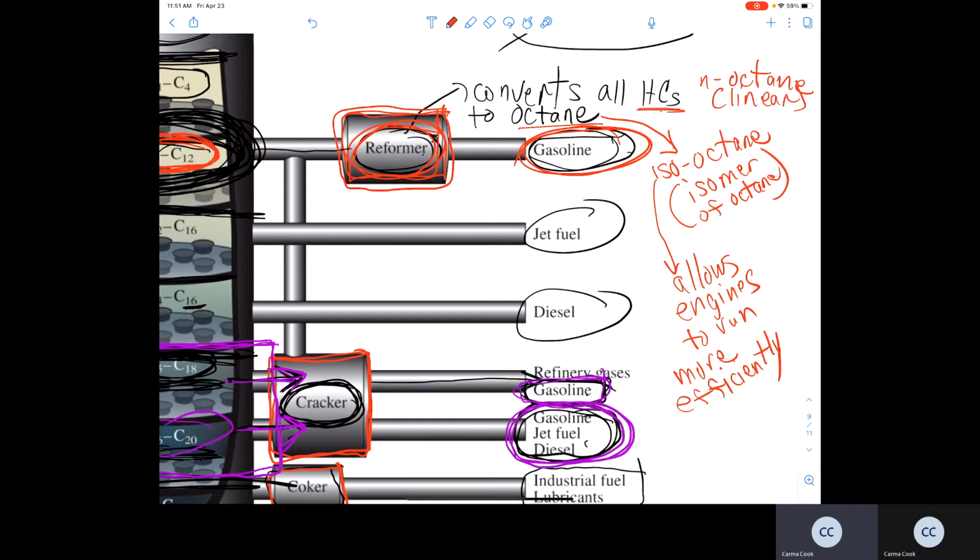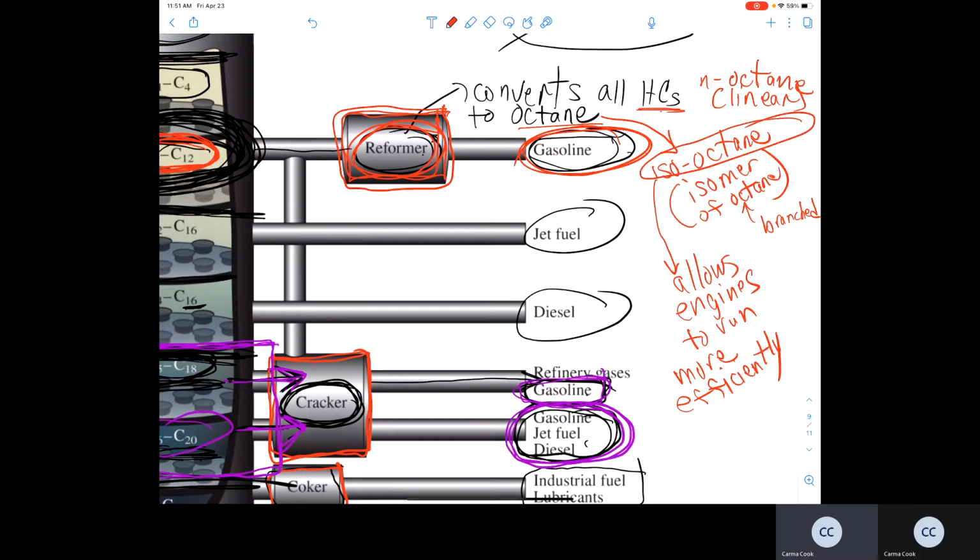So in the reformer, the linear form of octane is converted to the branched form of octane called isooctane.